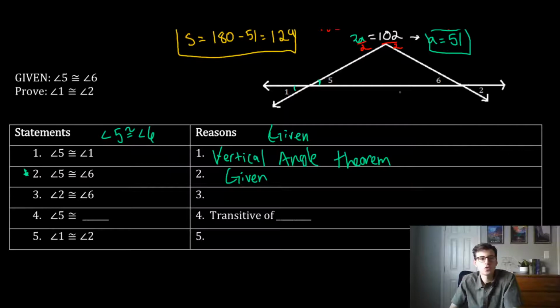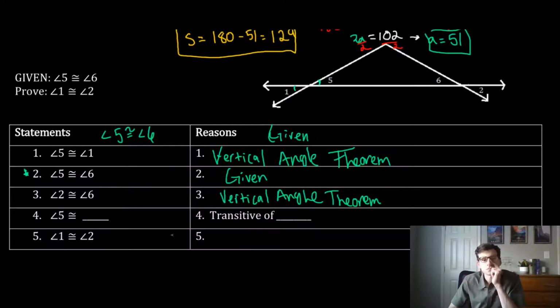Okay, angle 2 congruent to angle 6, that's also the vertical angle theorem. And I guess I should capitalize the T. Now, because angle 5 is congruent to angle 1, angle 5 is congruent to angle 6, and angle 2 is congruent to angle 6, I could write something like this.